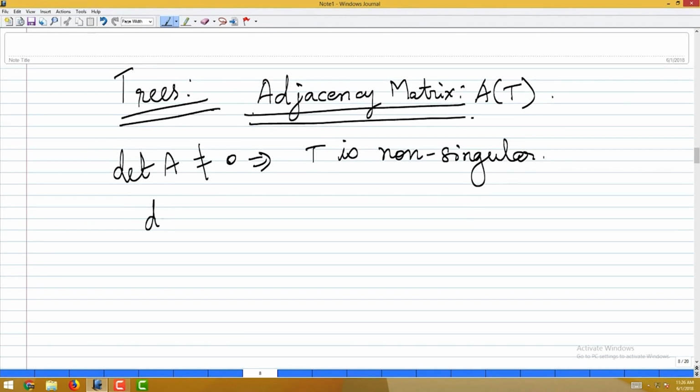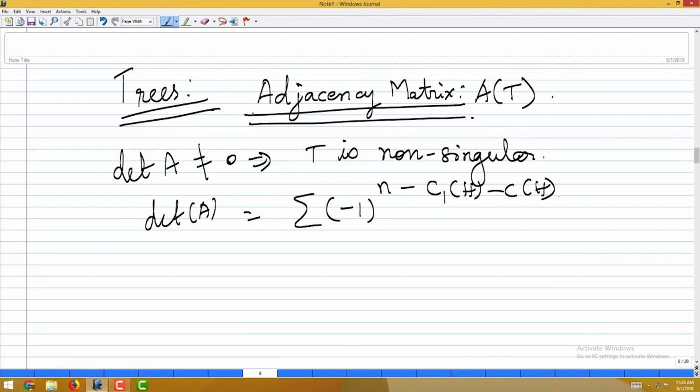We know the determinant of A is the sum of (-1)^(n - C1(h) - C(h)) times 2^C(h), where C is the number of cycles and C1 is the number of edges in a spanning elementary subgraph h of G. This we know.